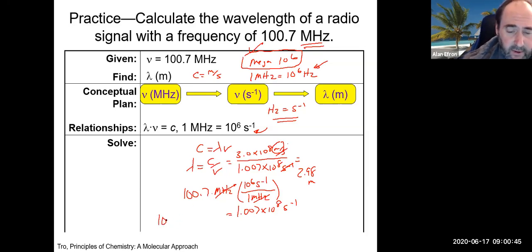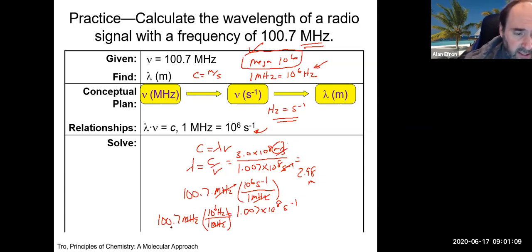We basically took 100.7 megahertz. And because mega is 10 to the 6th and in 1 megahertz there would be 10 to the 6 hertz, these guys cancel because when you divide megahertz by megahertz, they cancel out to 1. It's like when you divide 2 by 2, it equals 1. So the units also cancel out like that as well.